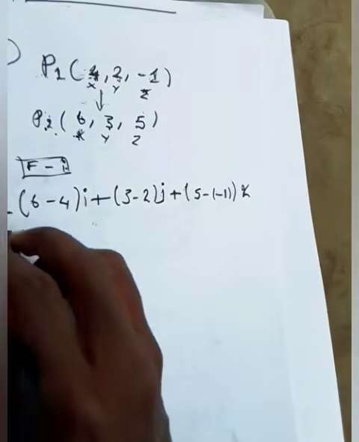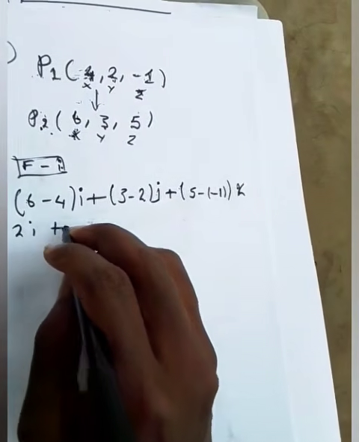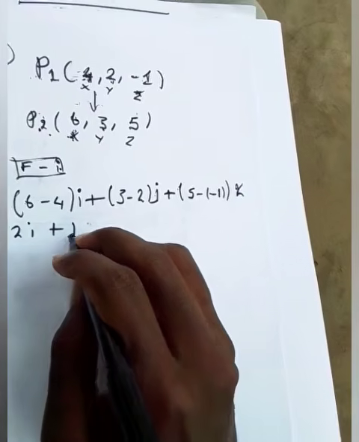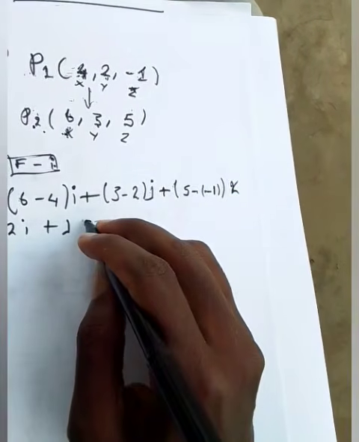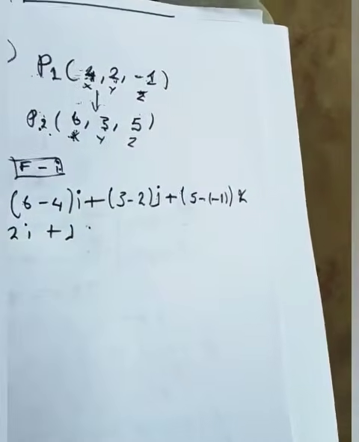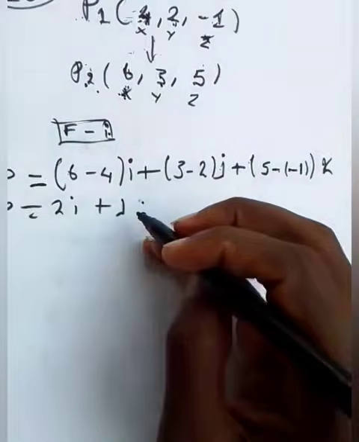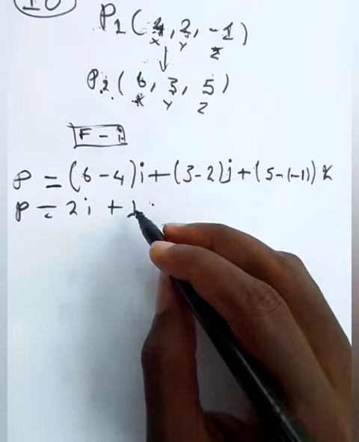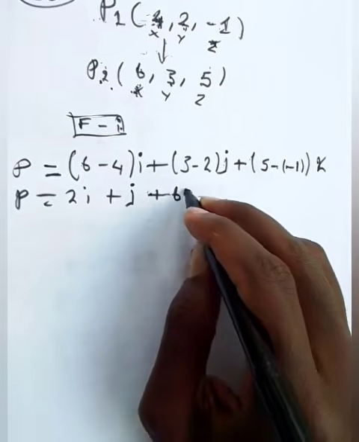So p is equal to 6 minus 4, that is 2, right? This will be j. This will be positive, so it will be 6, right? So we have 6k.